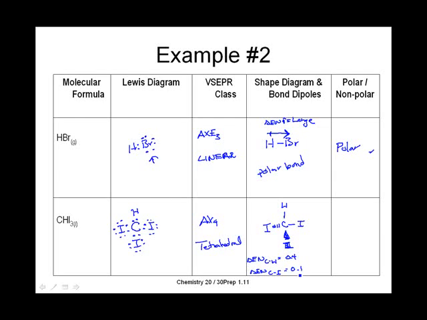It's 0.1. So if we draw this bond polarity, what we'd see is there's a polarity pulling towards the carbon, and then very slight polarities, almost non-polarities really, pulling out towards the iodines.